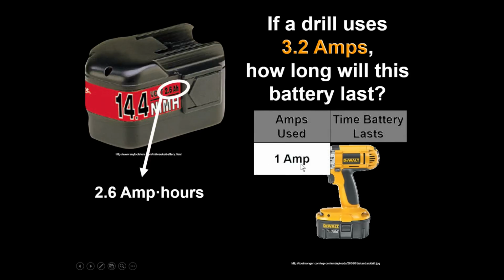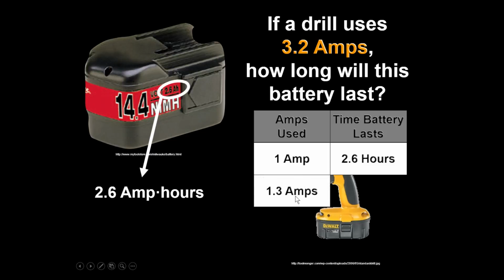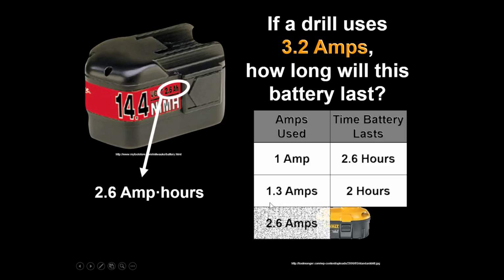So if it is a 2.6 amp hour battery and I'm using only 1 amp, the battery is going to last 2.6 hours. If I used 1.3 amps, the battery is going to last, I'll pause there for you to think, but you are correct, 2 hours. If I really pull that trigger hard and use 2.6 amps, the battery is only going to last 1 hour.